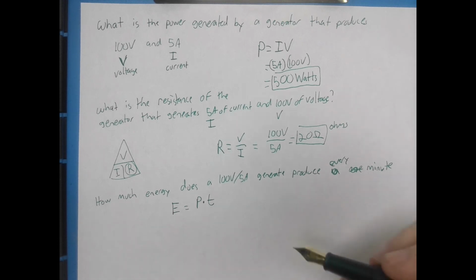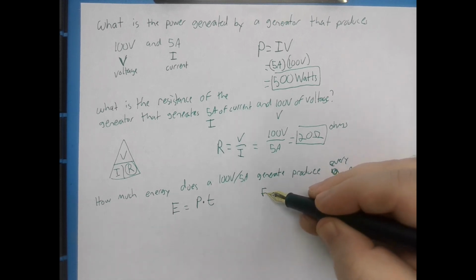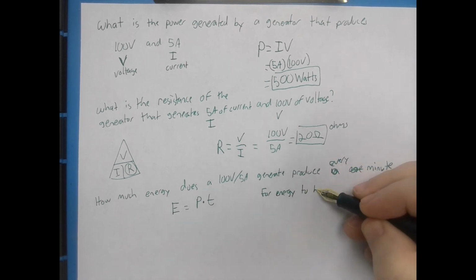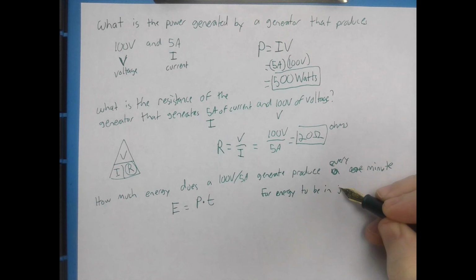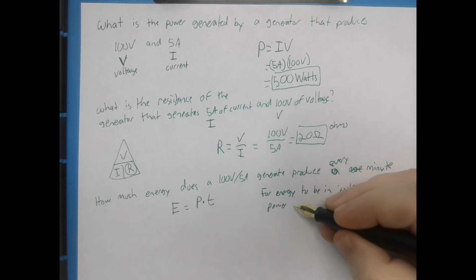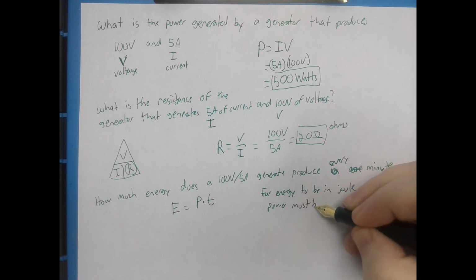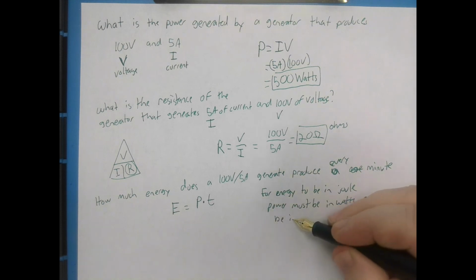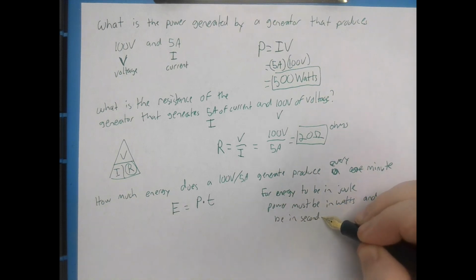If we want energy in joules, power must be in watts, and time must be in seconds.